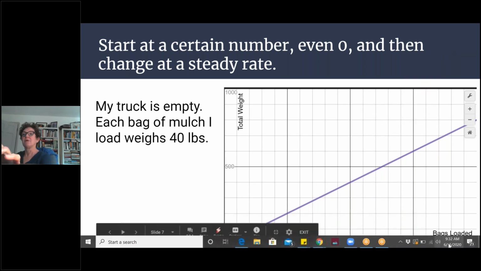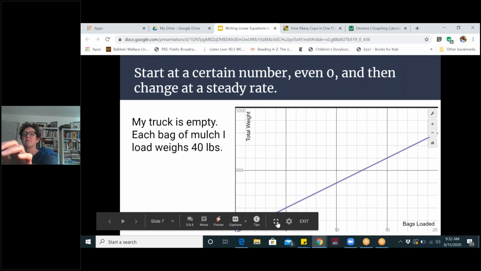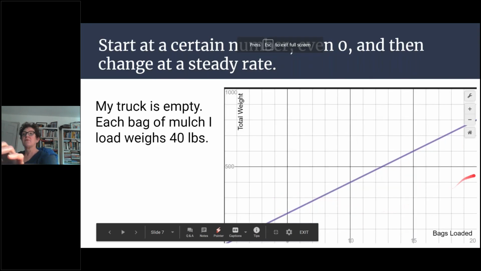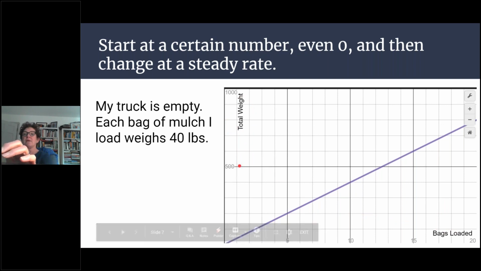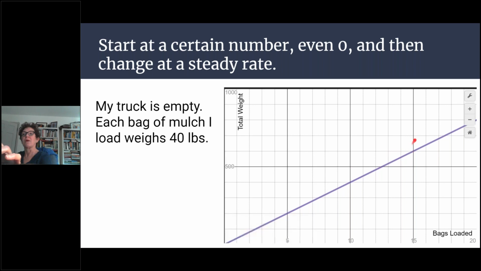They're the bags that I've loaded. And this is my total weight. So with every bag, how much does my total weight increase? That's my steady rate of growth right there with each bag.